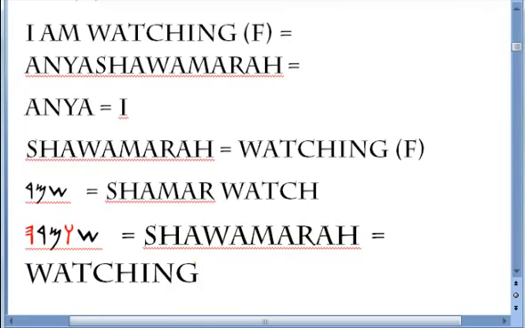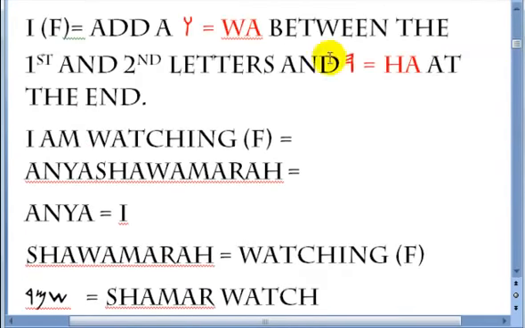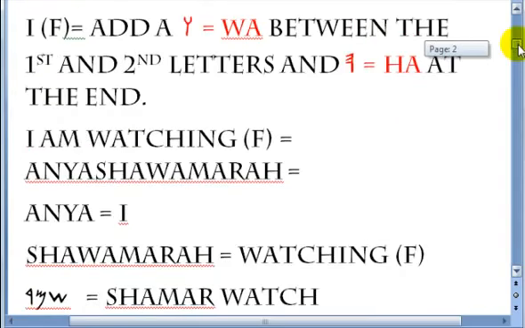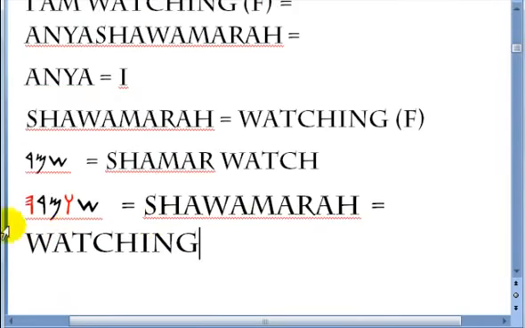This is the feminine way of saying it, because remember the formula: you add a wa between the first and the second letter, which we did, and then a ha at the end of the word. Why? To signify it is feminine, because the ha at the end of the word makes it feminine. So shawamara is watching, feminine.